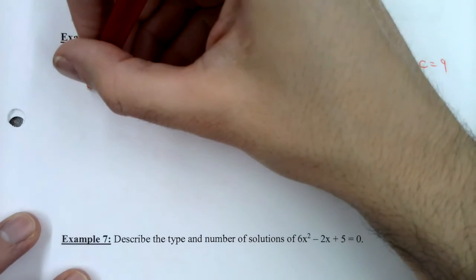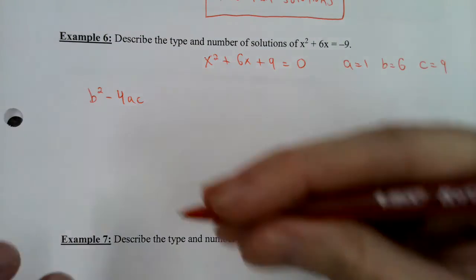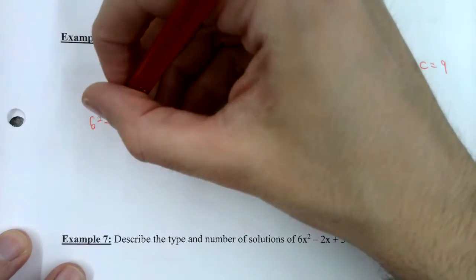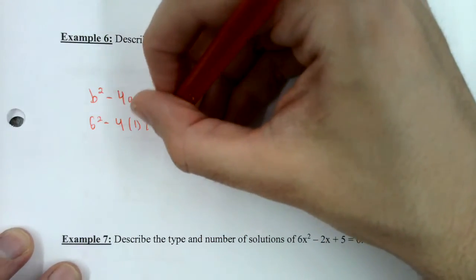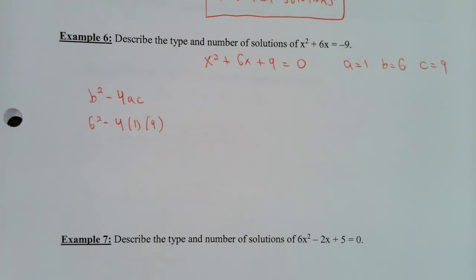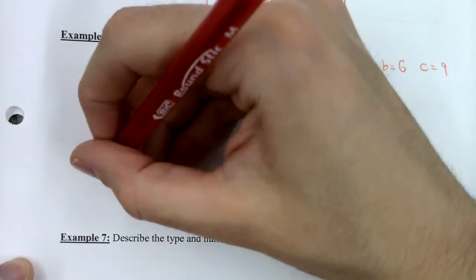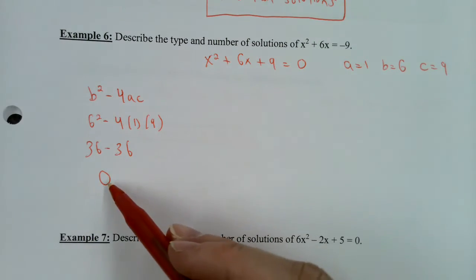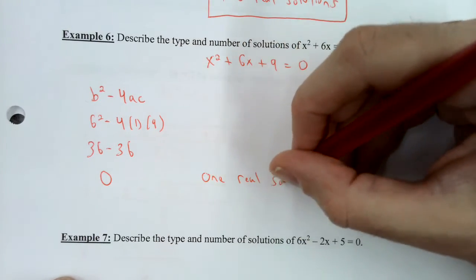Let's evaluate the discriminant, b squared minus 4ac. 6 squared minus 4 times a, which is 1, times c, which is 9. So we have 36 minus 36, and that equals 0. Since this discriminant is 0, we have one real solution.